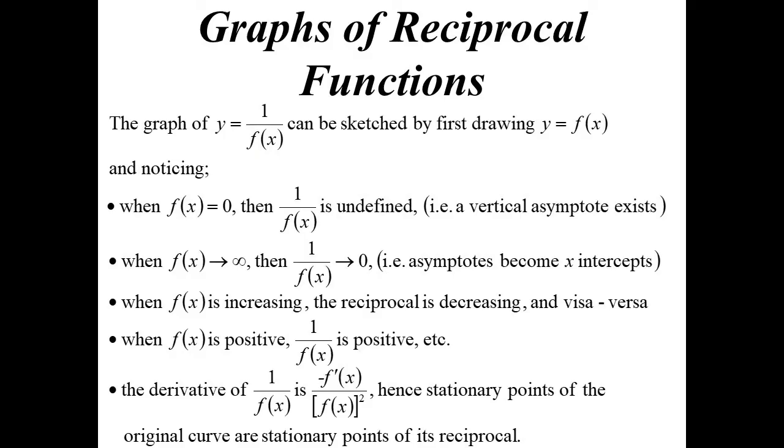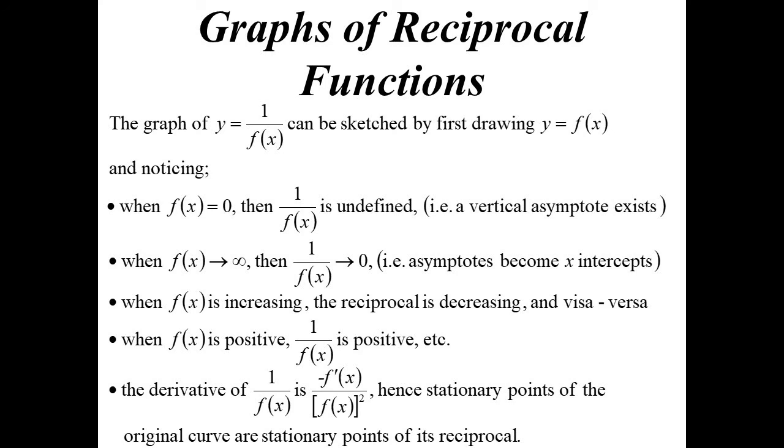Now, we haven't done calculus yet, so you're just going to have to take my word on this one. If I was to differentiate 1 on function x, I will end up with minus the derivative on the function squared. That's telling me then the original stationary points, and we will find this out later, do not panic. Stationary points occur when the derivative is equal to 0.